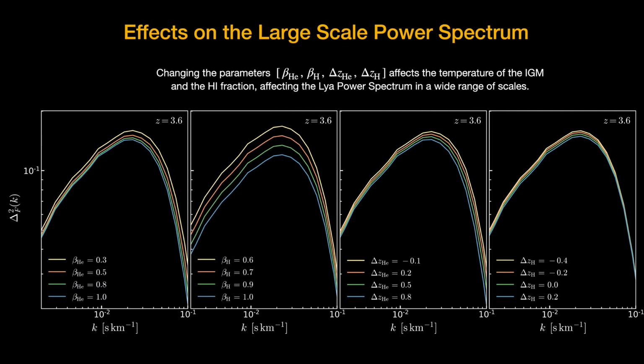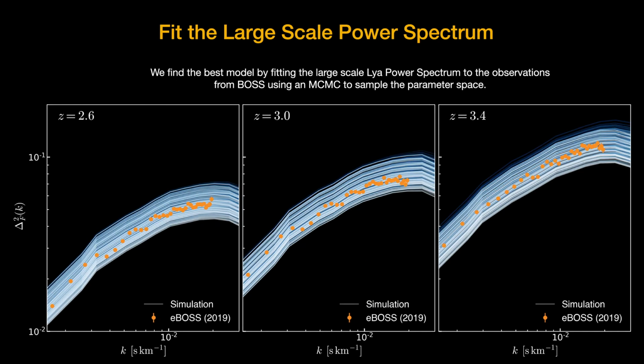Okay, then the approach to find the best model that reproduces the observed power spectrum will be to use an MCMC to sample the parameter grid and find the distribution of parameters that maximizes the likelihood measured from the simulated and observed power spectra. Something important to note is that we are not feeding each redshift separately.